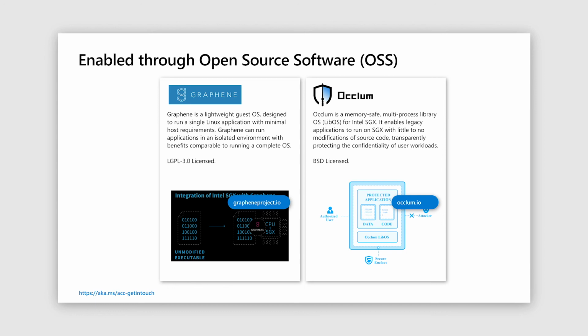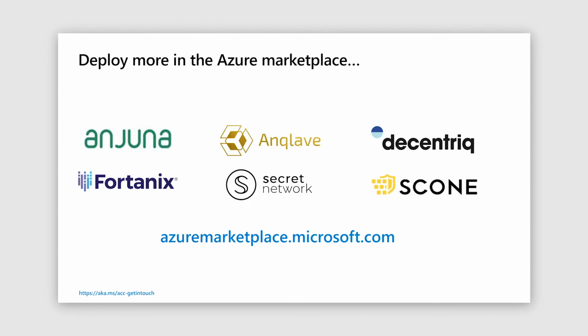In addition to the ISV and the open source software, we also have capabilities available in the Azure Marketplace on azuremarketplace.microsoft.com that you can now go and deploy for your workloads in the Azure cloud. In addition to these, I want to shift gears and talk a little bit more about how we see the Azure cloud moving to the Azure Confidential Cloud.